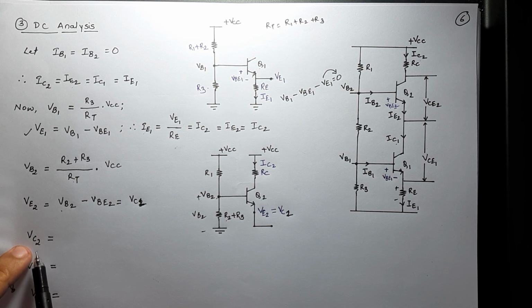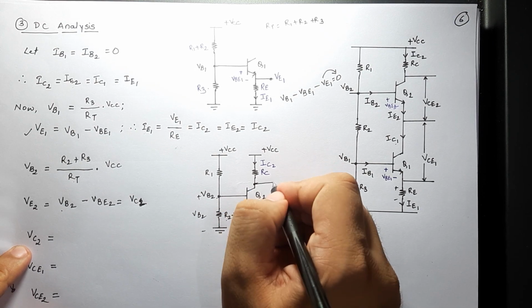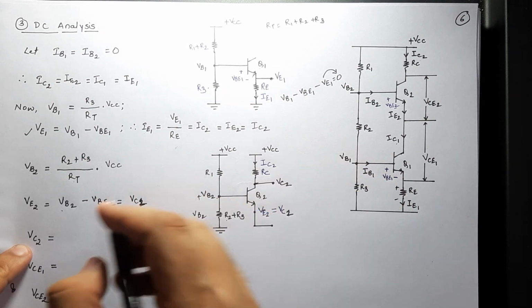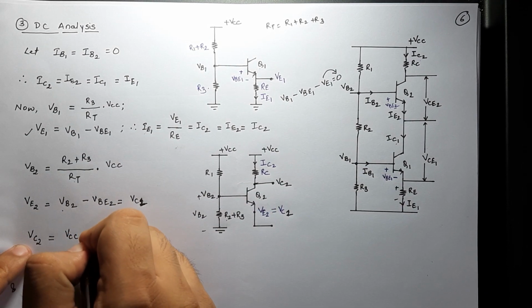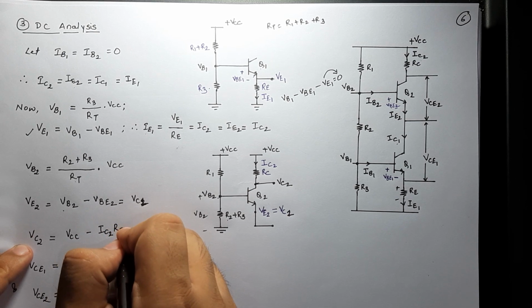VC2, the collector voltage of the second transistor, which is somewhere over here, can simply be written as VCC minus IC2 RC.